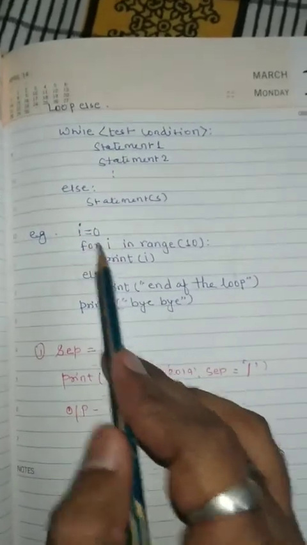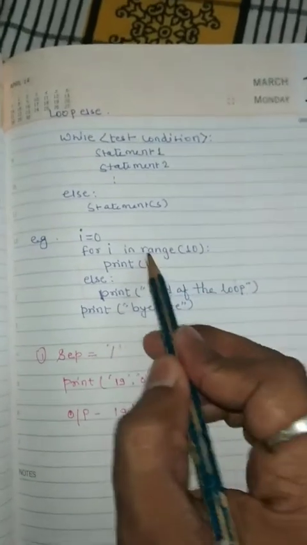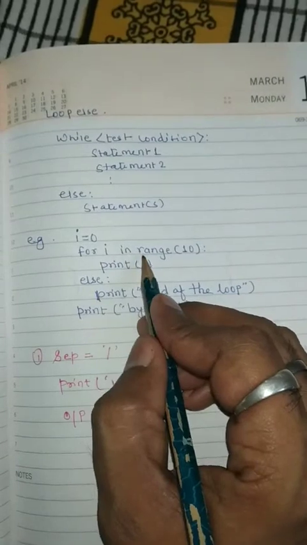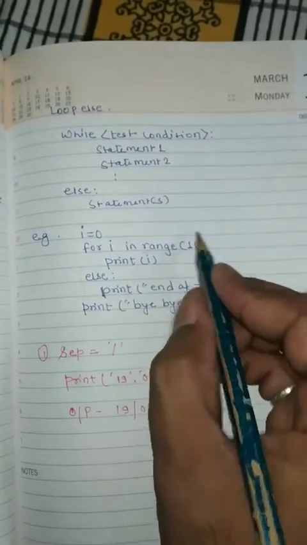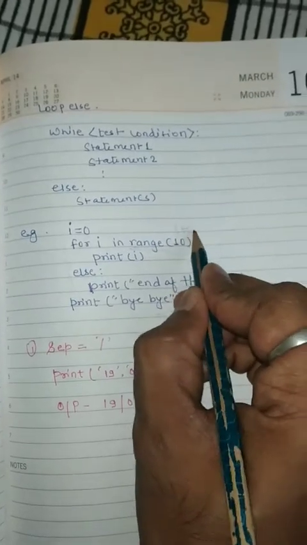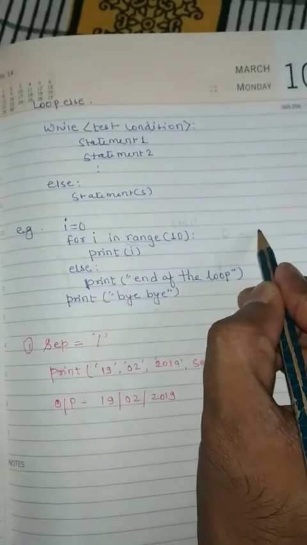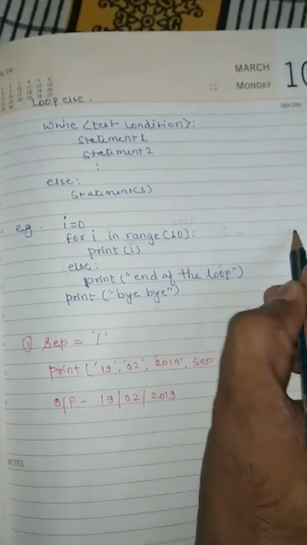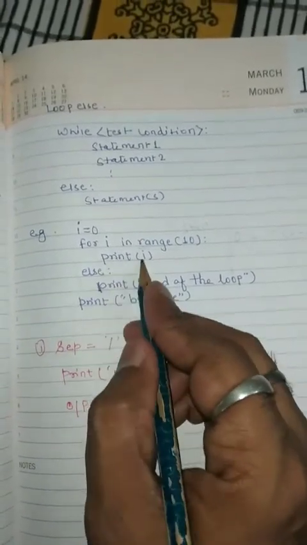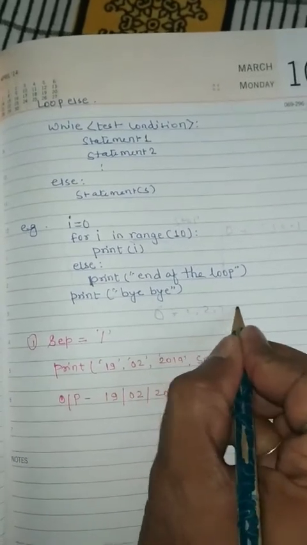In the case of i, first i's value is 0 in range. Here I have used range. In the case of the range function, if I am using range stop, it starts with 0 and ends with stop minus 1, that is 10 minus 1. So the output will be 0, 1, 2, 3, up to 9.